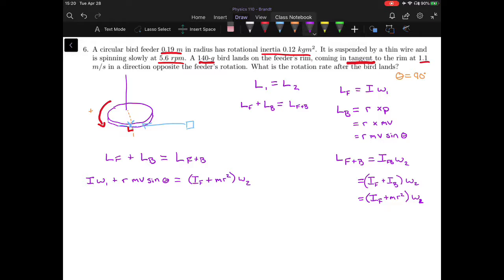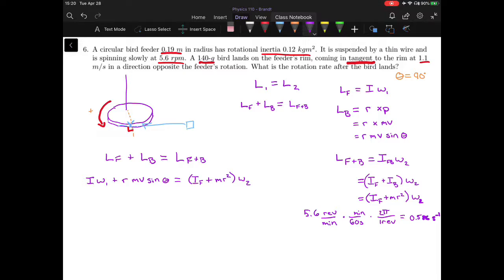So the biggest thing we need to convert is this 5.6 revolutions per minute. We need that in radians per second. So basically we just have to multiply that by 60 seconds per minute, and then 1 rev is 2 pi radians, and when we do all that we get 0.586 radians per second.